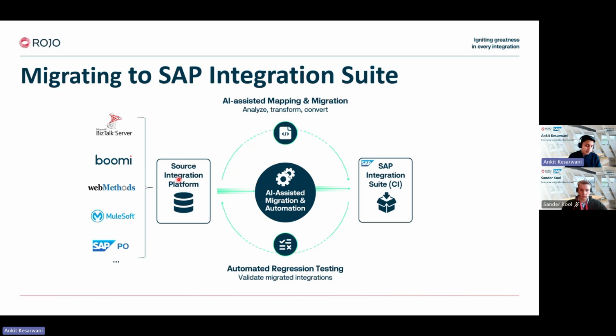But there's a vast majority of customers who are migrating their legacy middleware or other iPaaS solutions to SAP Integration Suite. It can be Boomi, it can be MuleSoft. We ourselves are running multiple projects in parallel right now where customers are unifying their middleware solution to SAP Integration Suite, or migrating because of an acquisition, as it is their main integration solution.